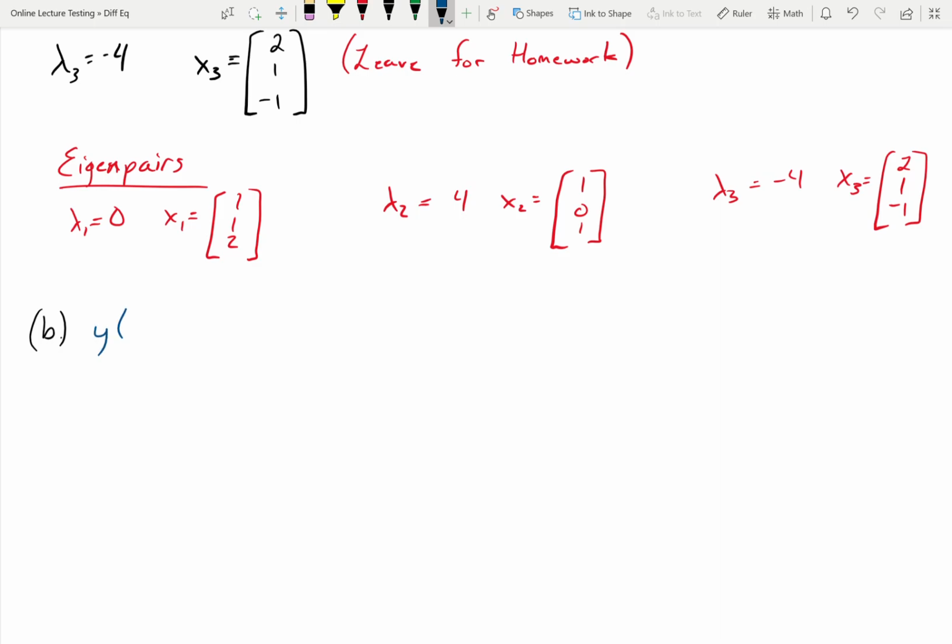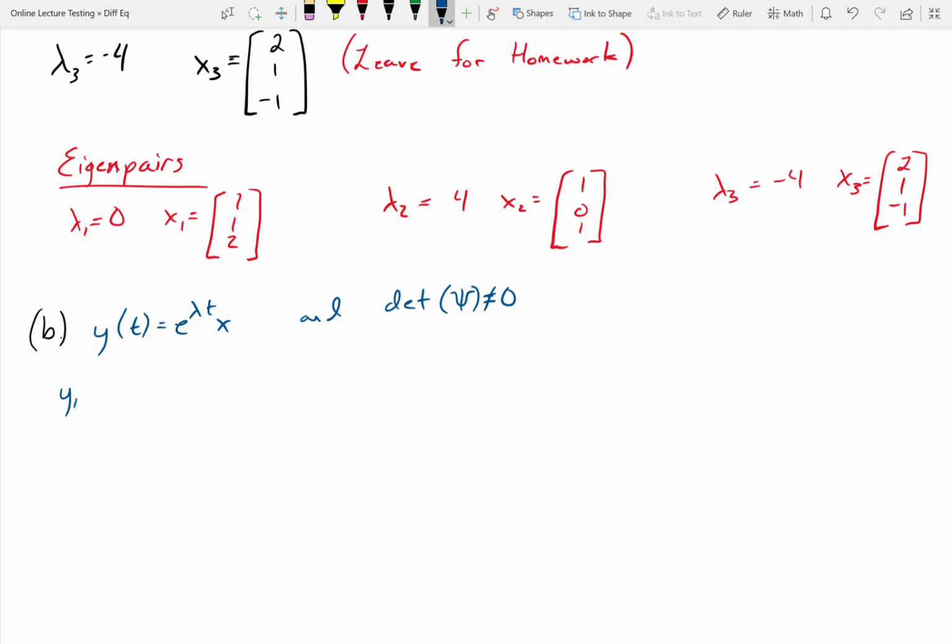Again, we're going to use the fact that our solutions are of the form e to the lambda t times the eigenvector, and the determinant of psi has to not equal 0.